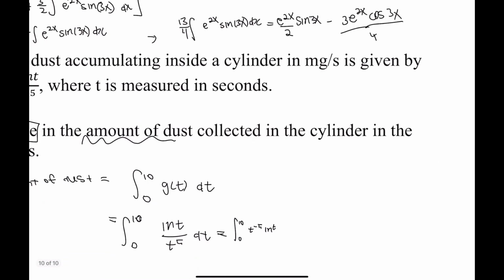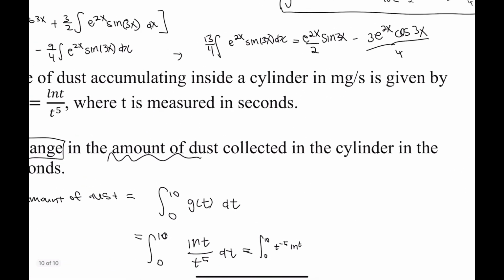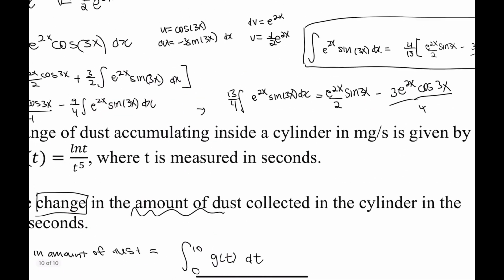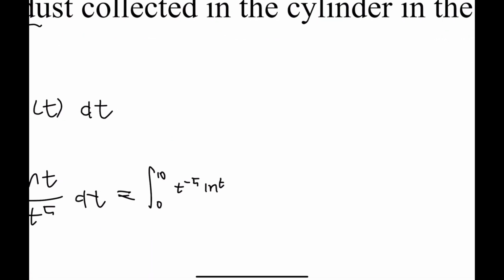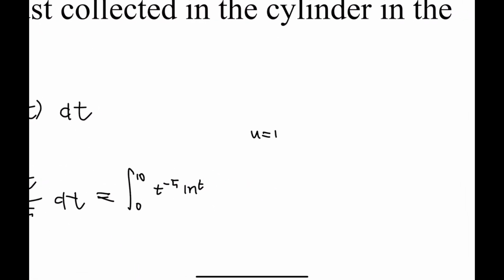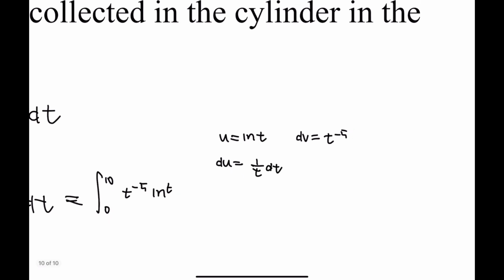Honestly, t to the negative fifth can count as algebraic, so that's A, and then ln is a log, so L. So L would be our lovely u, and then dv would be t to the negative fifth. Let's see how this goes. du equals 1 over t dt, and then v equals negative 1/4 t to the negative 4, right? Okay, so we have negative 1/4 t.